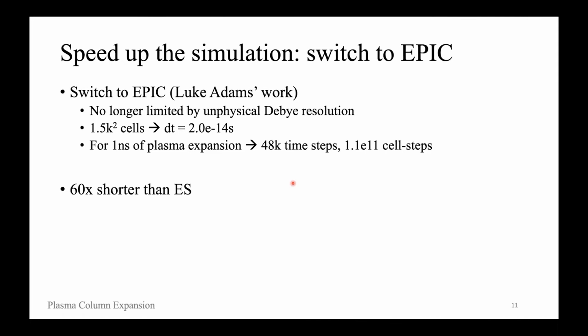My time step is down to e to the negative 14 seconds. And instead of 30 million time steps or 3 million time steps, I'm now looking at about 50,000 time steps. This is 60 times shorter than the electrostatic simulation. And this is something that I was able to run using the resources at NERSC. And so I'm going to show some of the initial results we have from this.